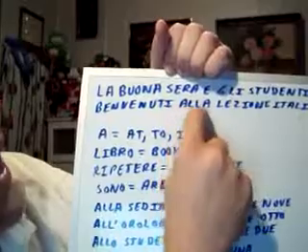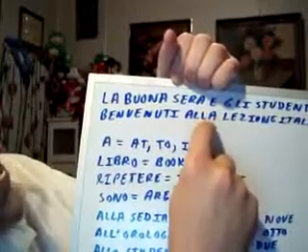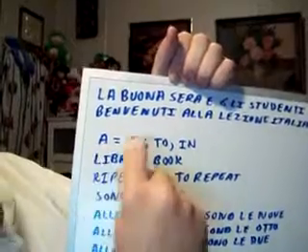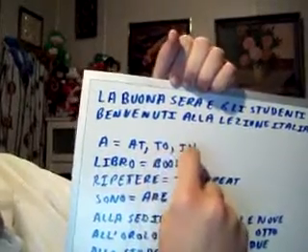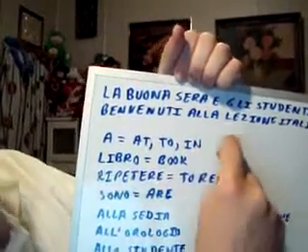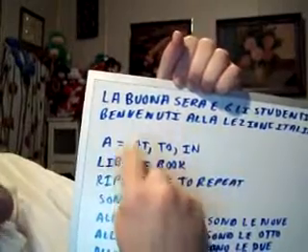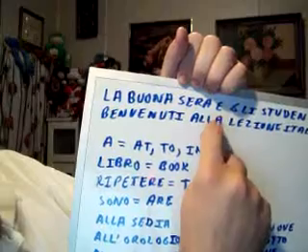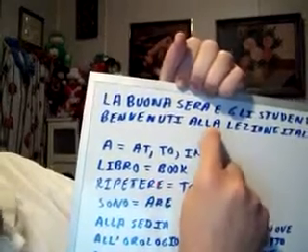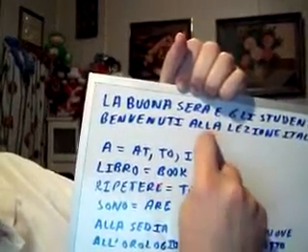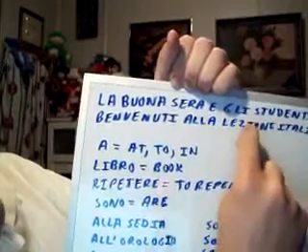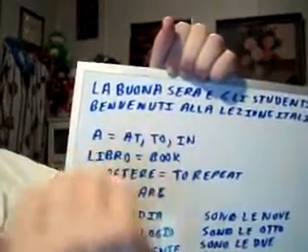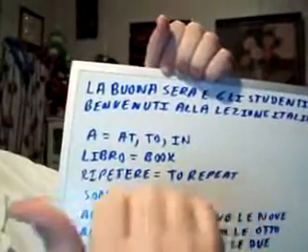Now, this alla right here is a combination of a, which is a preposition in Italian, which means at, to, or in. And it's a combination of that preposition and the article the. In this case, it'd be the female singular article the, because lezione is a female Italian noun in the singular.